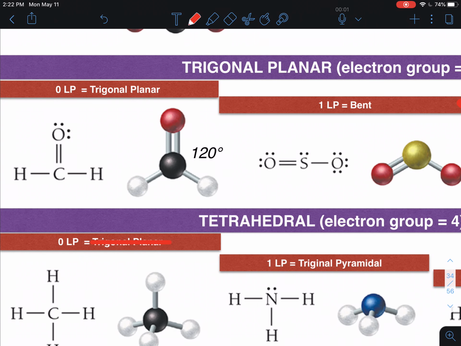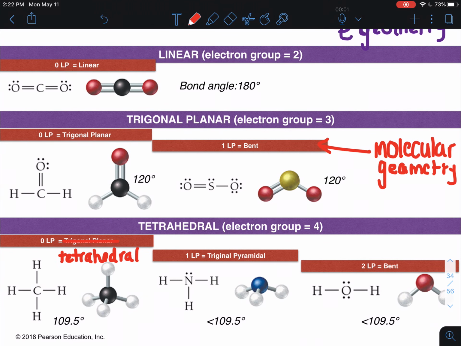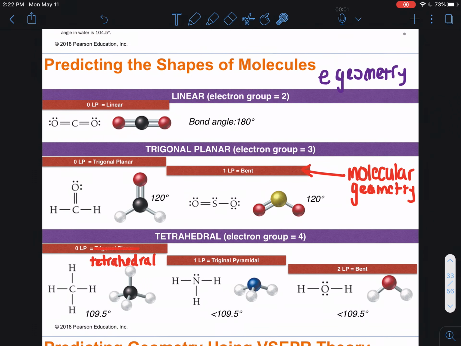It's not trigonal planar, it's tetrahedral. Okay, so if we have 0 lone pair, we have a tetrahedral molecular geometry. If we have one lone pair, we have a trigonal pyramidal molecular geometry. And if we have 2 lone pair, we have a bent molecular geometry.